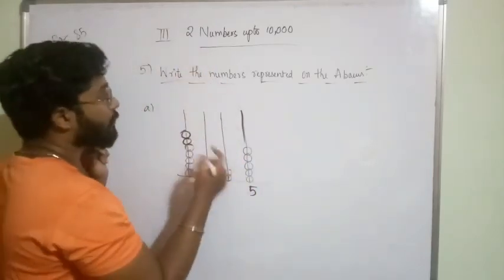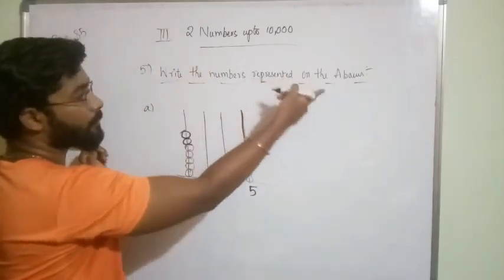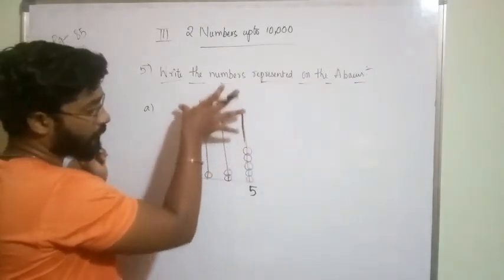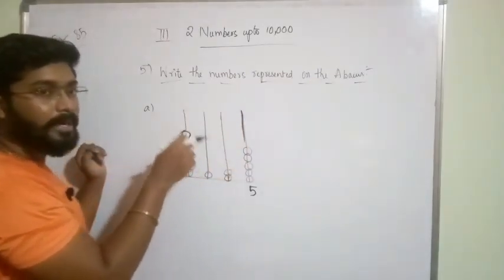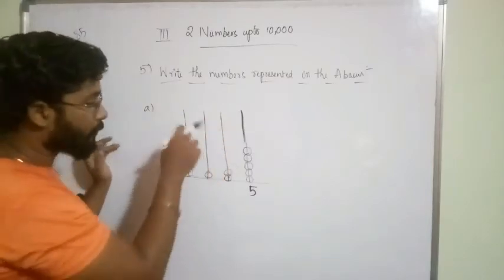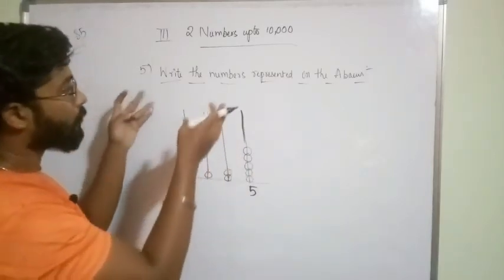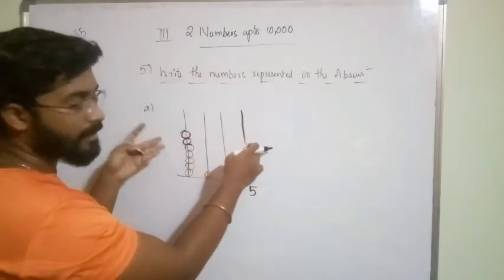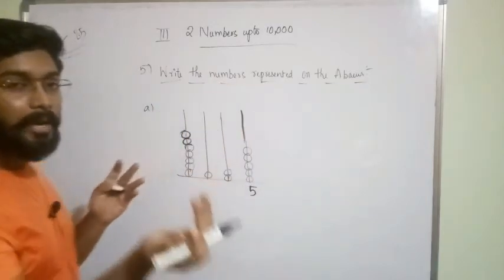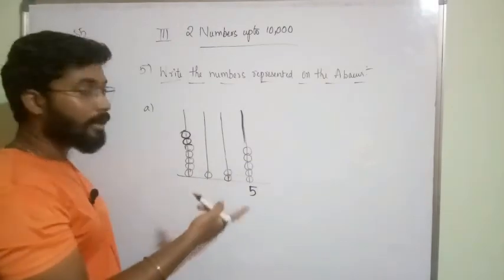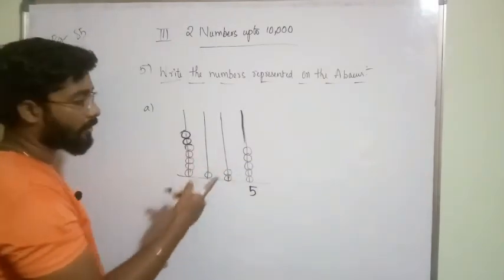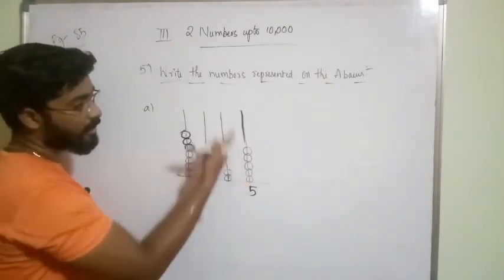Next, what he has given: write the numbers represented on the abacus. If you count the number of beads, you will get one number, which we have to write in numerical form. So 5 beads are there in the ones rod.